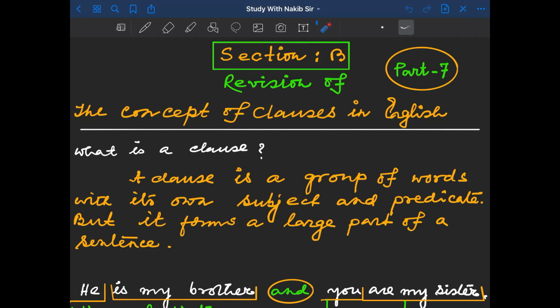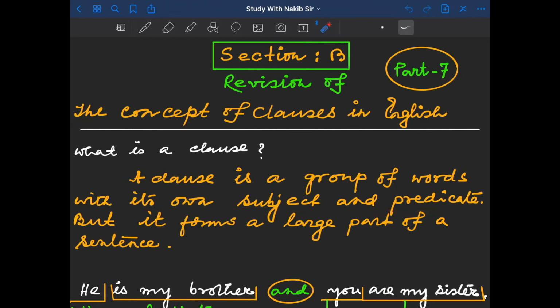What is a clause? This is a question, and to find the answer, see: a clause is a group of words with its own subject and predicate.